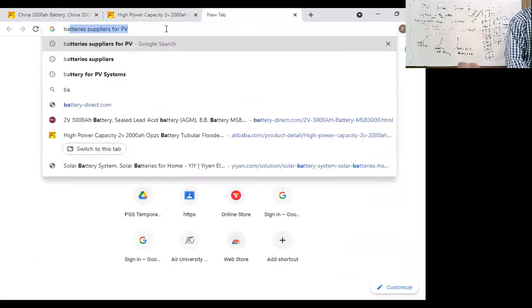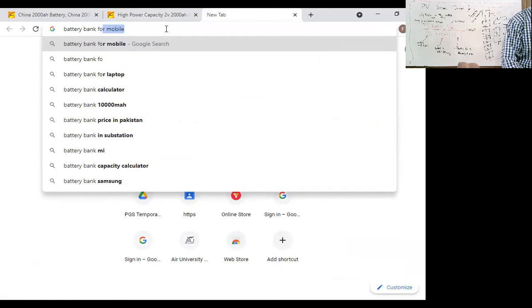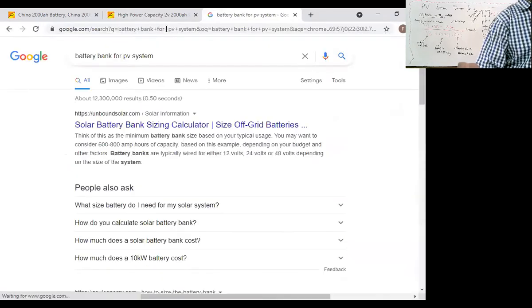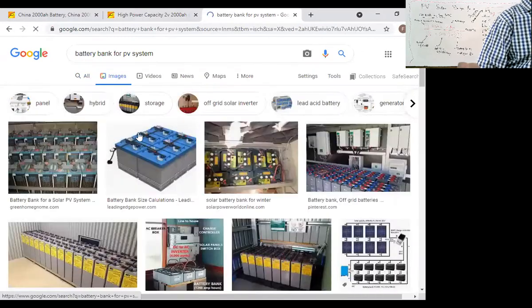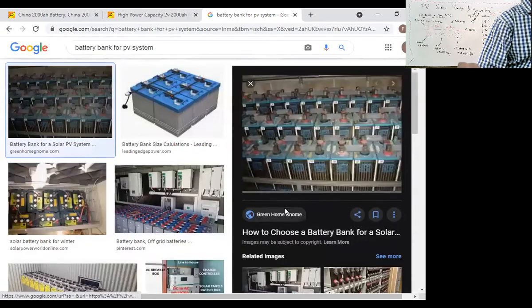Let me show you a picture. Battery bank for PV system. So here you look. This is an example of how you connect these batteries.